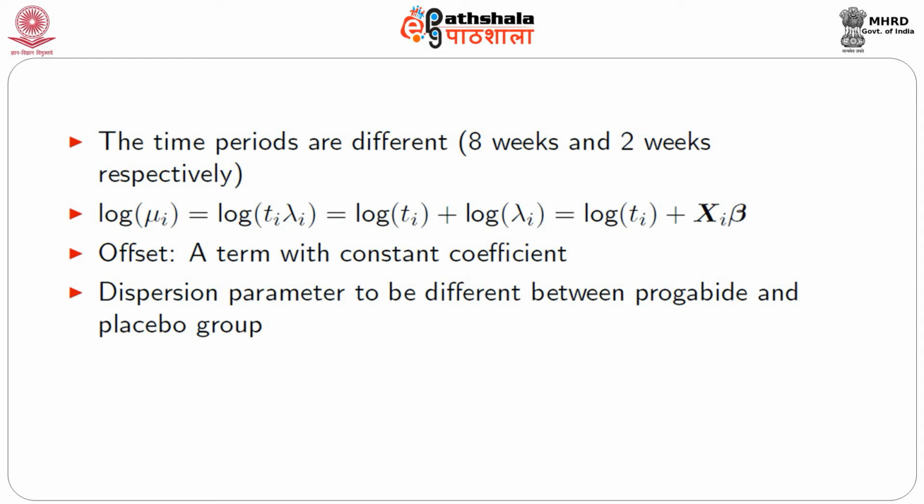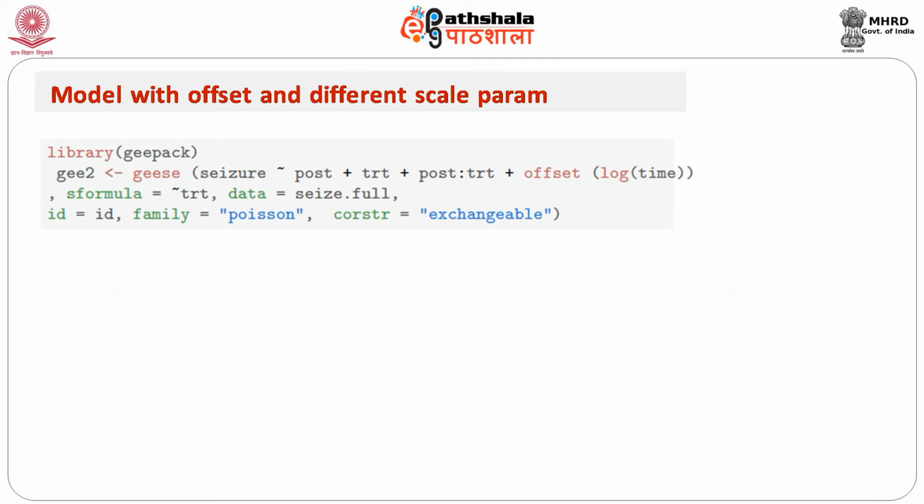Also, the dispersion parameter might be different between the Progabide and placebo groups. So, let us see if this is really different or not. To do that, we are using the library geepack, because GEE does not support different dispersion parameters among the groups.